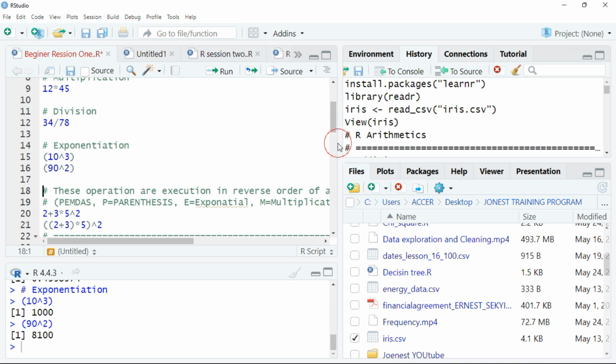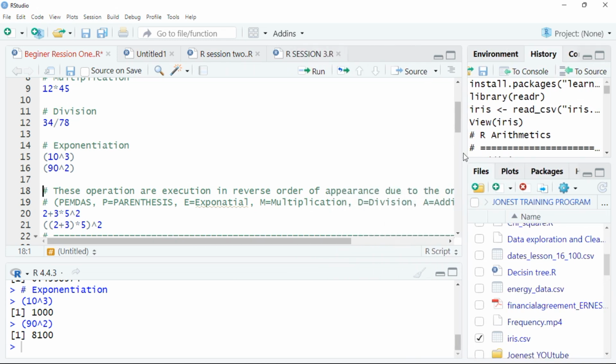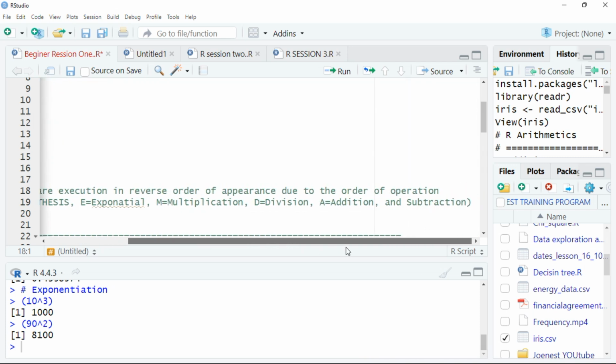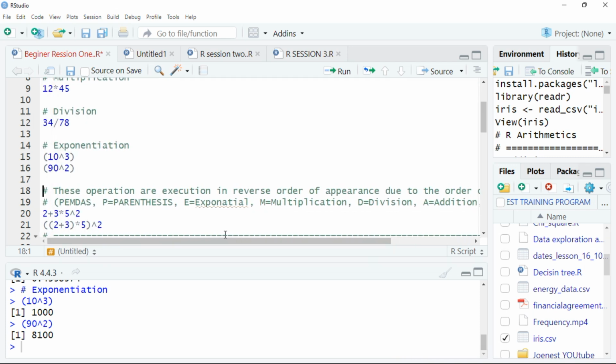So when we were in senior high school and basic school, we came across what we call BODMAS, right? We are going to apply the same idea, but for the purpose of this class, we are going to use what we call PEMDAS, right? As you can see here, this is the PEMDAS.